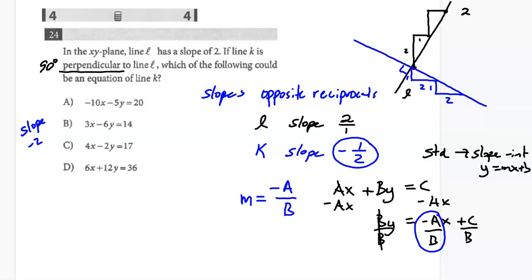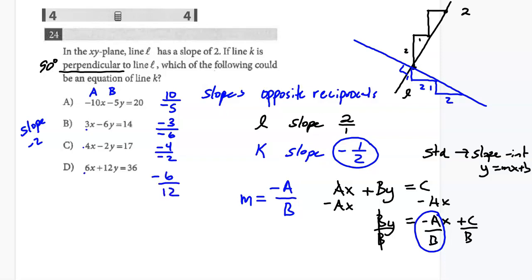So going through these choices here, a is in front of x, b is in front of y, I can very quickly find all their slopes. So negative a over b, negative a over b, negative a over b, and negative a over b.